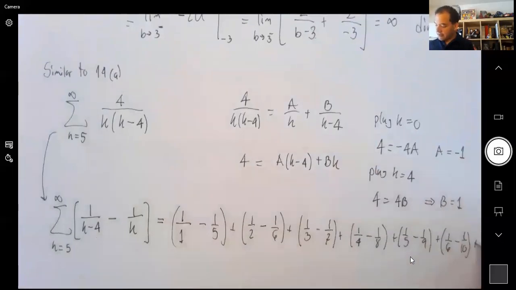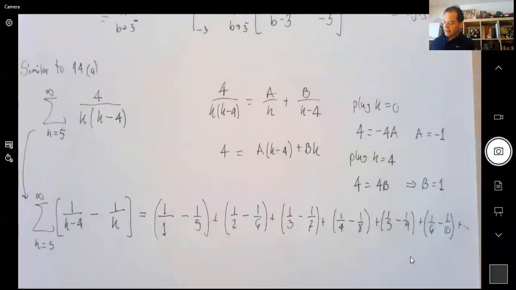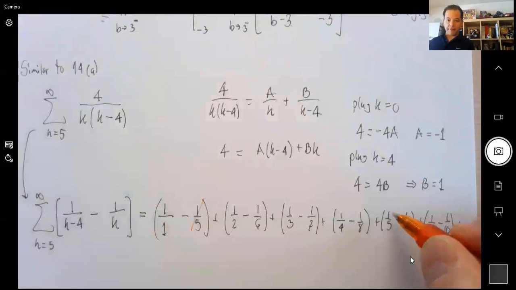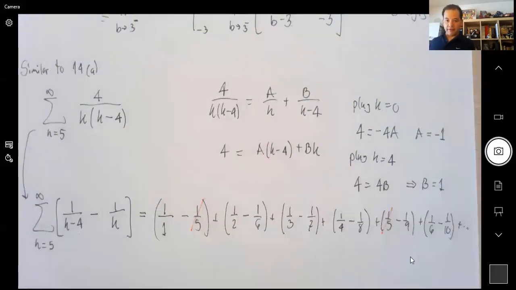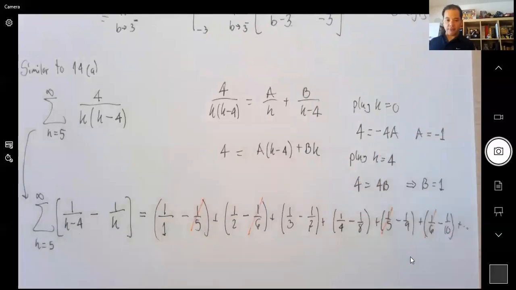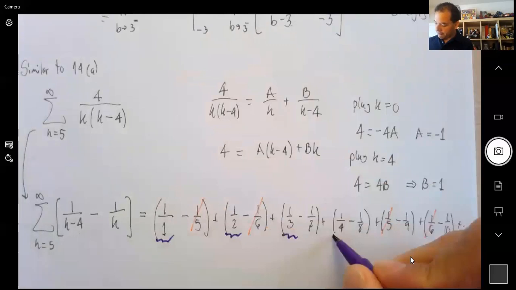Right? And the point that I'm trying to make is, look at this. This negative 1/5 is going to kill this positive 1/5 that comes later, right? This negative 1/6 will be killed by the positive 1/6 that comes later, and so on. So that's the telescopic part. So all the numbers are going to cancel, except the ones that are not going to cancel, the 1/2, 1/3, and 1/4.